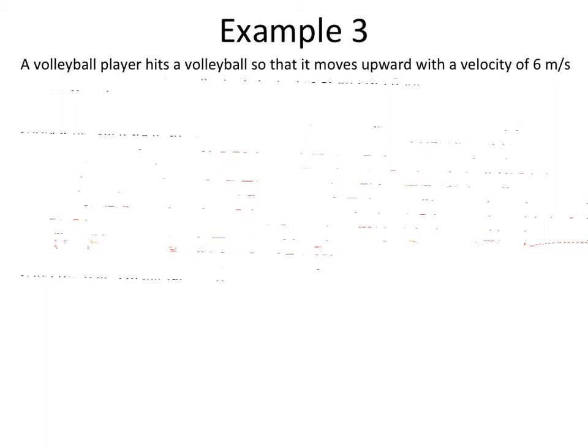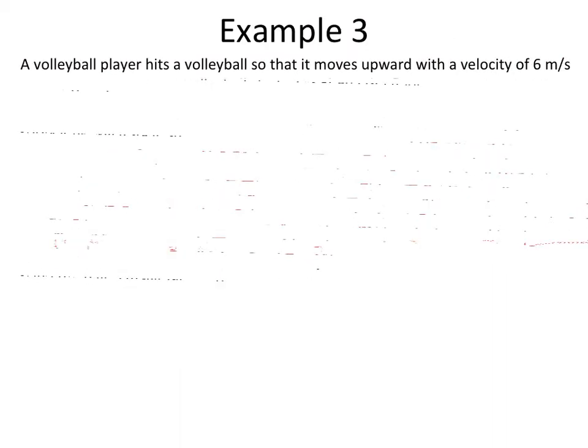Well, we know from before that at max height, our y final, we don't know. We'll say our final velocity is 0 meters per second, right? Because the ball is stopping and it's about to come back down.